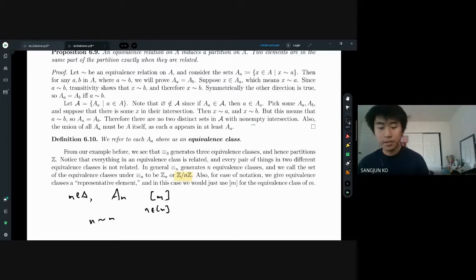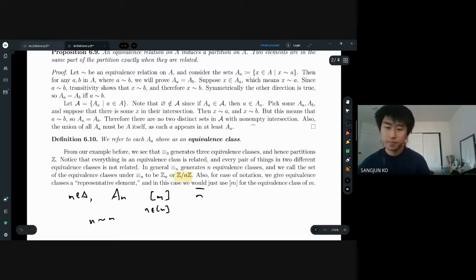Other notation that some people use is just to put a bar over m, which has the advantage of fewer strokes than the brackets. Okay. Does that make sense?